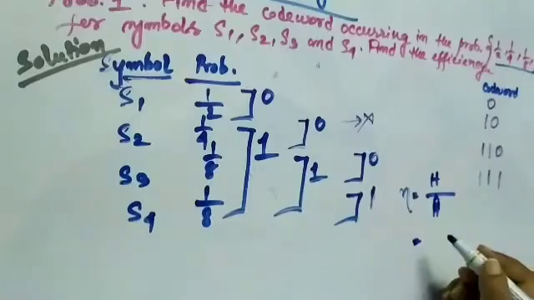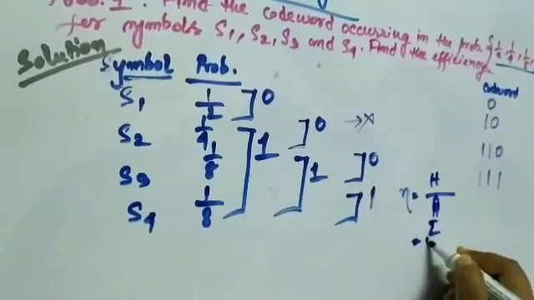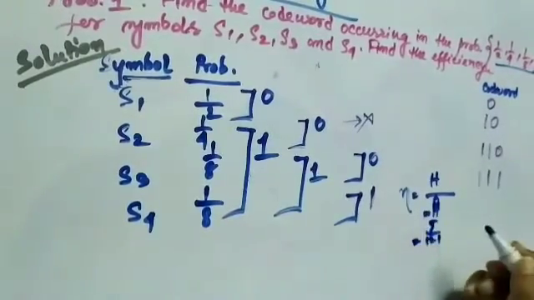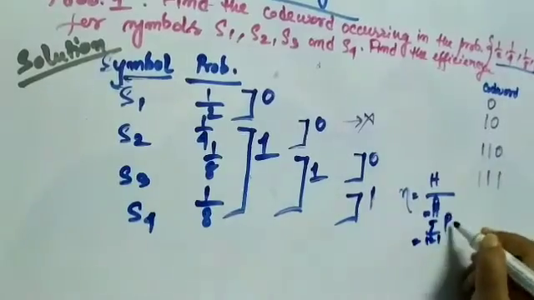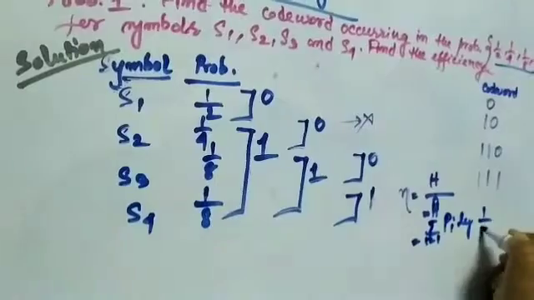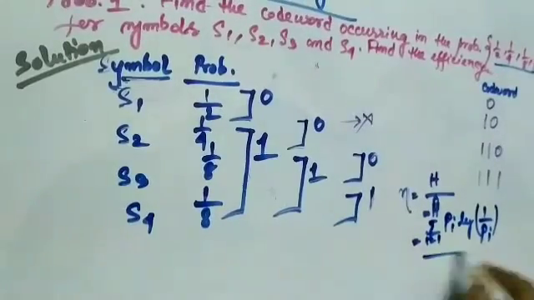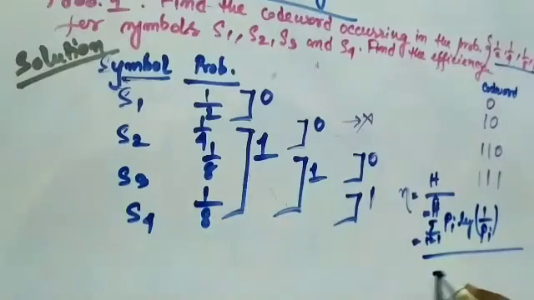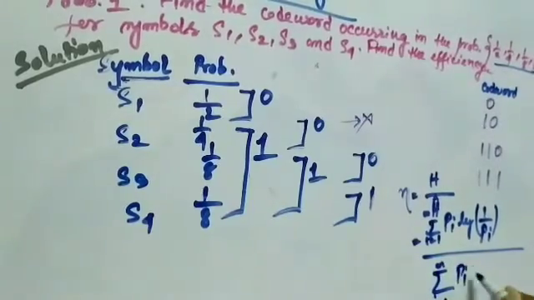The value of H equals summation from i equals 1 to m of pi log 1 by pi, and the value of H cap will be summation from i equals 1 to m of pi into ni.